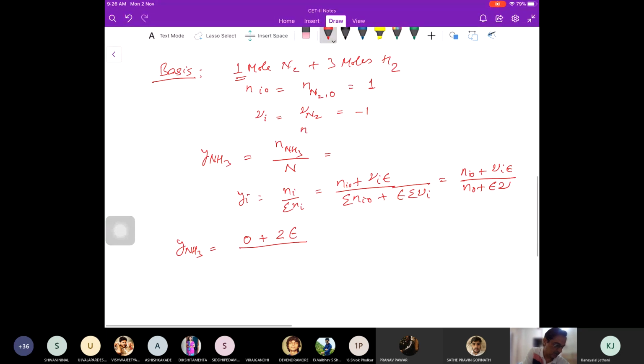It will be 4, right sir? Plus epsilon into nu. Nu is -2, that is 2 minus 1 minus 3 equals -2. So it is 2 epsilon upon 4 minus 2 epsilon.